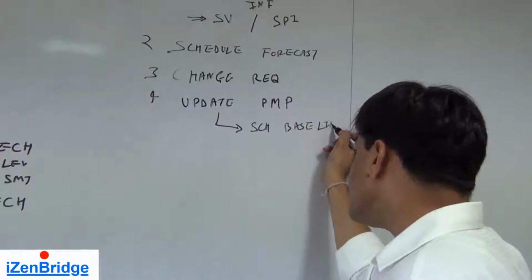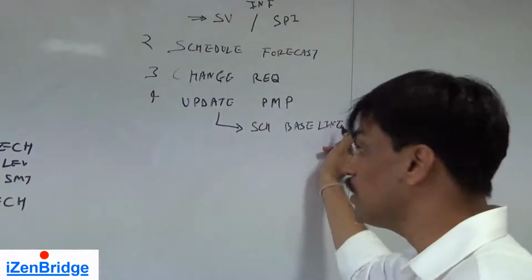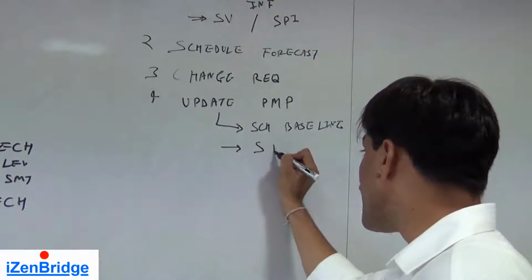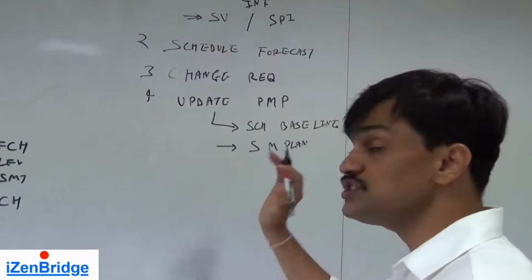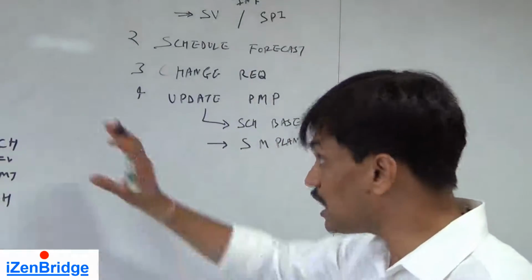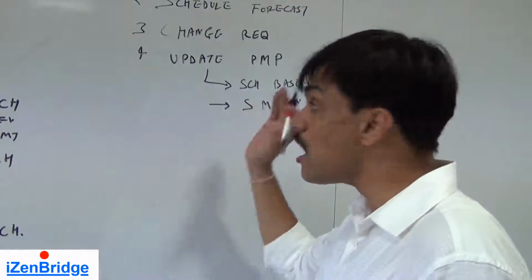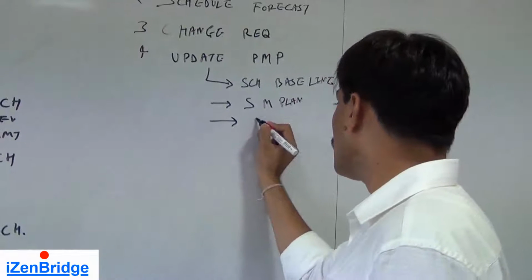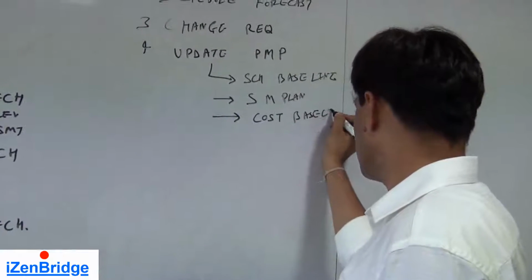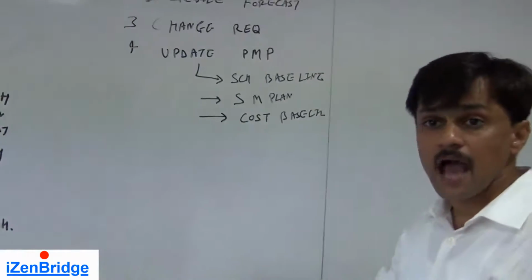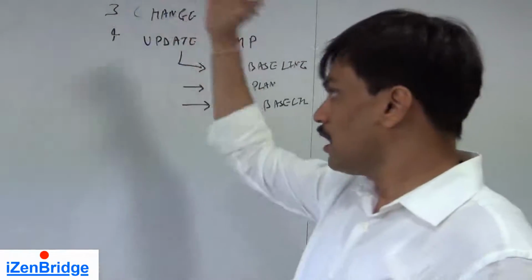We may also identify some changes which we want to make in our schedule management plan. We may also identify some changes which may affect the approved change requests, or may affect the cost baseline. So these kinds of updates can happen in the project management plan.